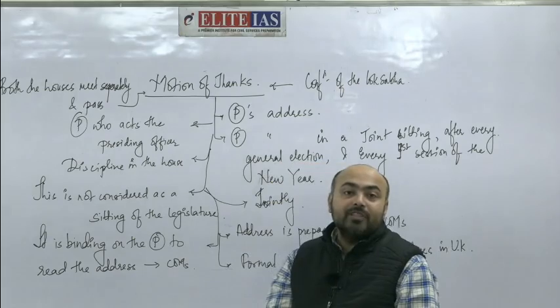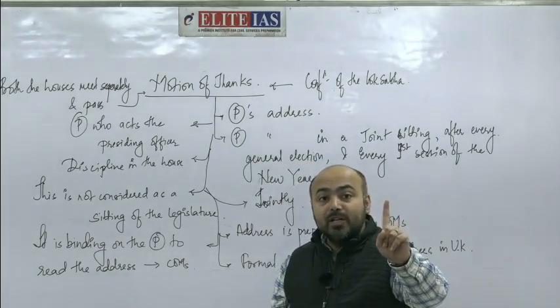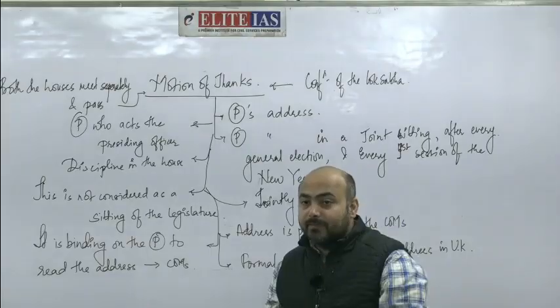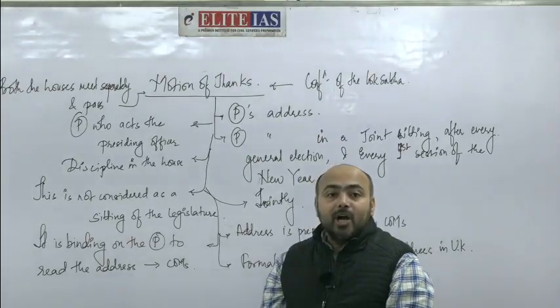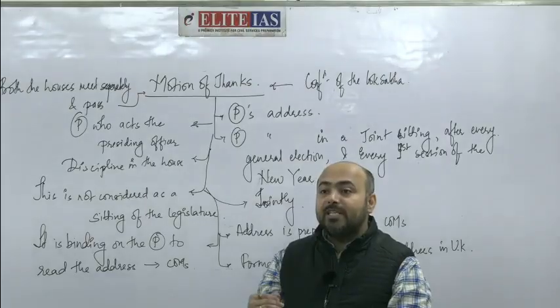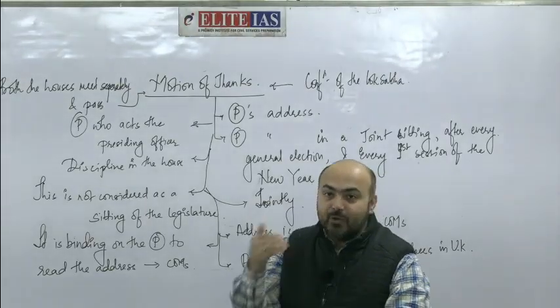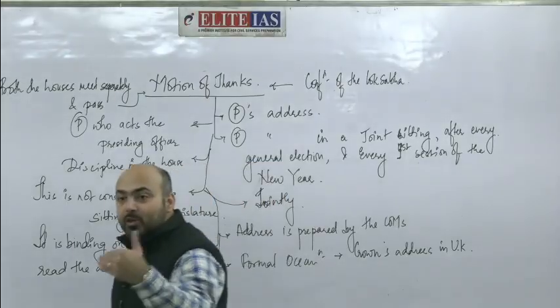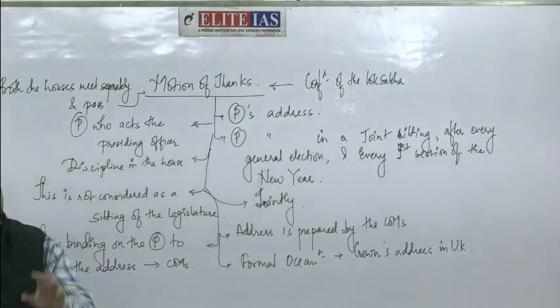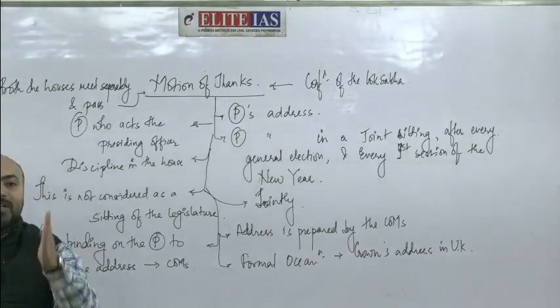If the motion of thanks is defeated, it means that the Council of Ministers do not enjoy the confidence of the Lok Sabha, and hence passing of the motion of thanks amounts to the Council of Ministers enjoying the confidence of the Lok Sabha. As soon as the motion of thanks is passed, it means that the Council of Ministers enjoy the confidence of the Lok Sabha.